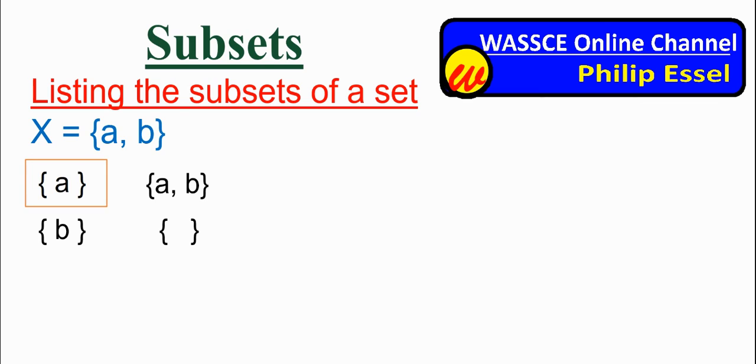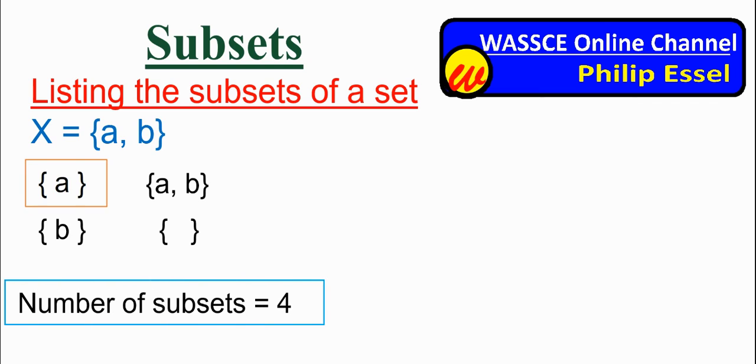So, these are the subsets of the set X. They are A in curly brackets, B in curly brackets, the set itself, and an empty set. They are 4 in number. So, the number of subsets of X is equal to 4. As simple as that.